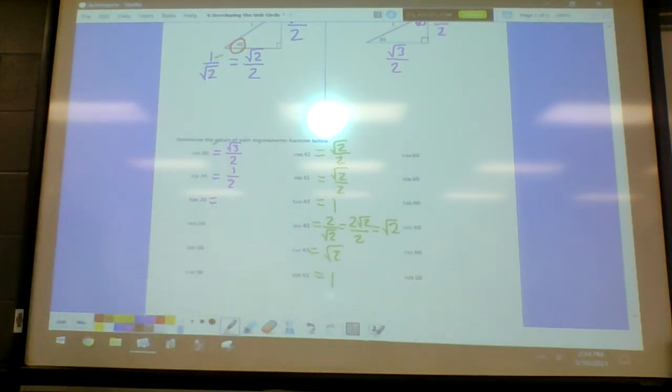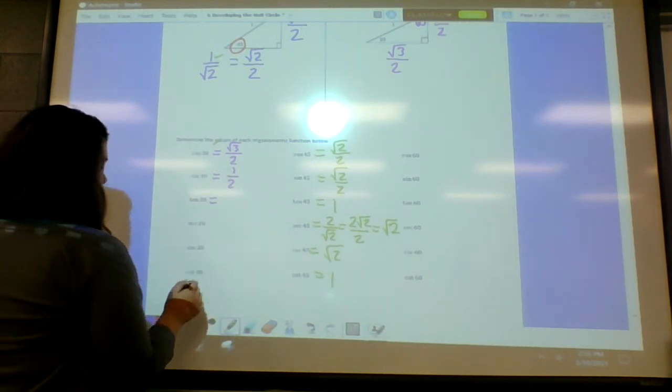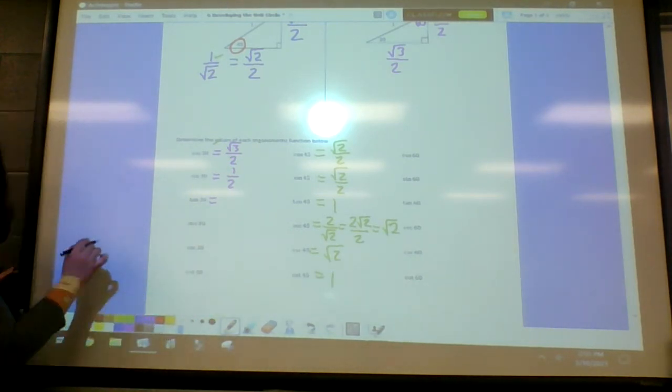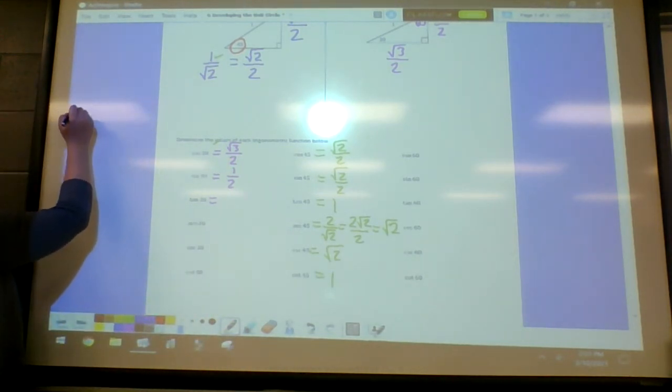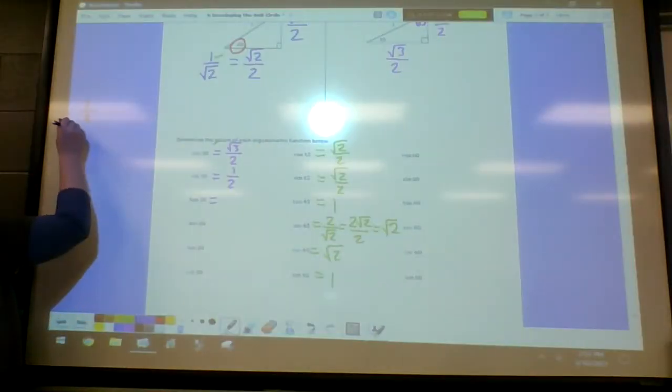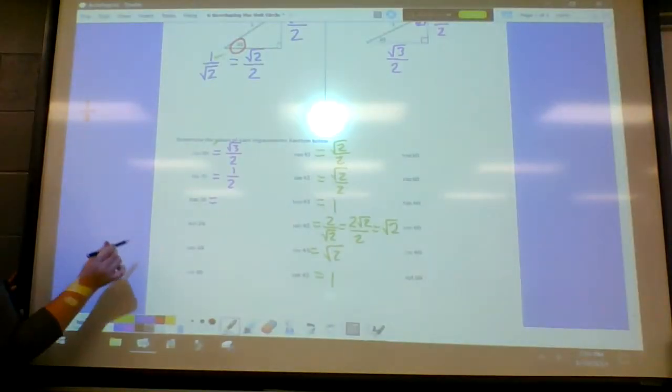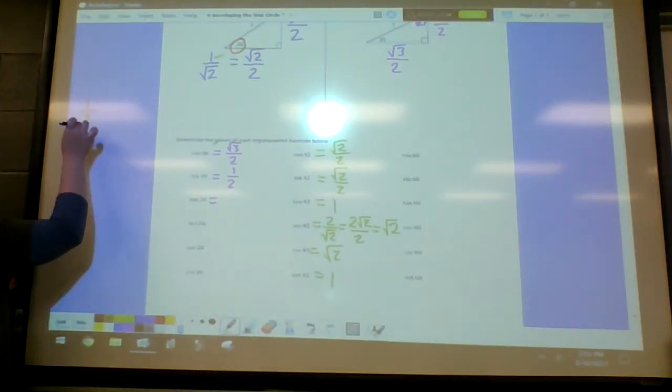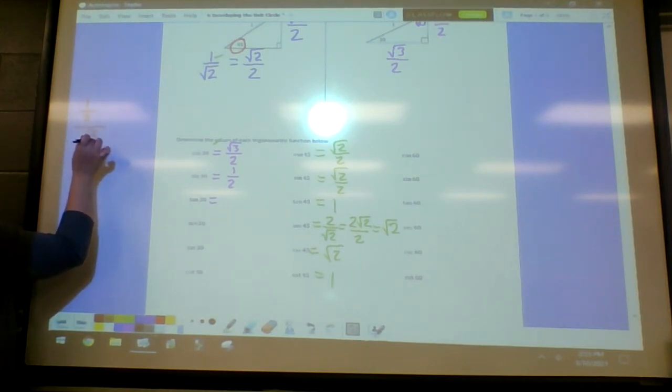So tangent is found by sine over cosine, or opposite over adjacent, right? So we're going to have to do a little bit of work here. I'm going to put it on the board over here so y'all can see. So it would be 1/2 divided by square root of 3 over 2, okay?